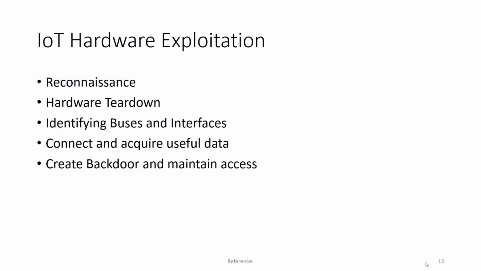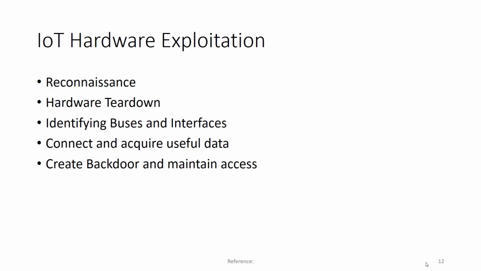To find open information available for that particular device, we can search on search engines like Google. Then we can also search on IoT search engines, where we can find out whether these kinds of devices are available over the internet or not, and which services are running on that particular device if it is available on the internet.